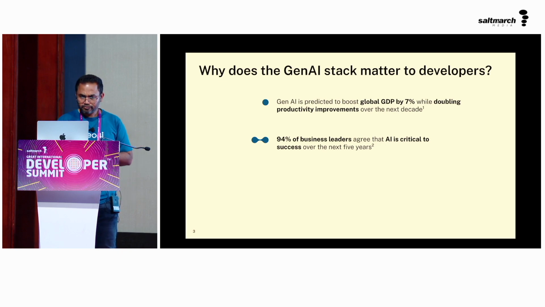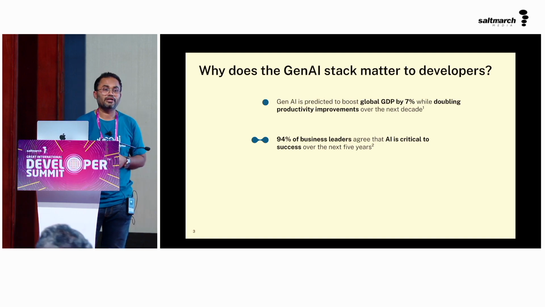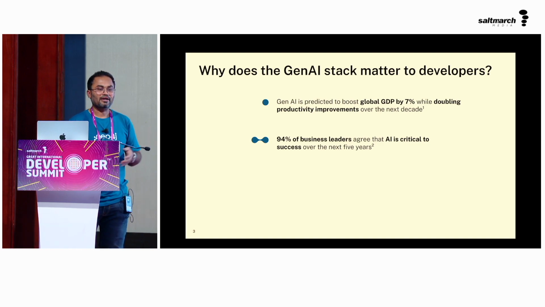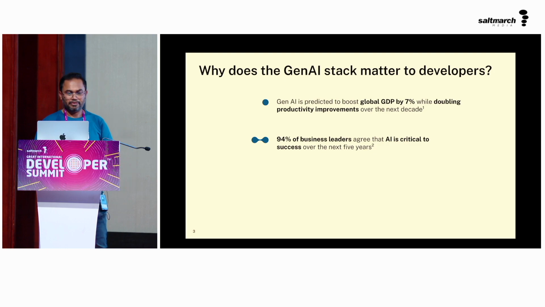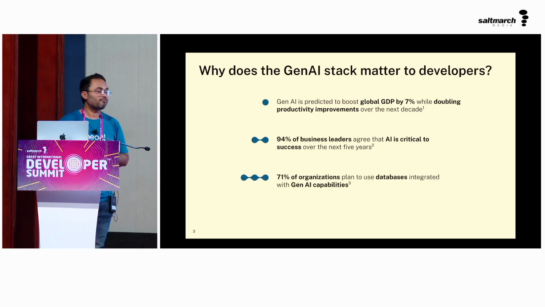And at the Google Cloud Next event, which happened just a few weeks back, they released a trend report regarding data and AI for this year, where they found that 71% of organizations plan to use databases that are integrated with GenAI capabilities.